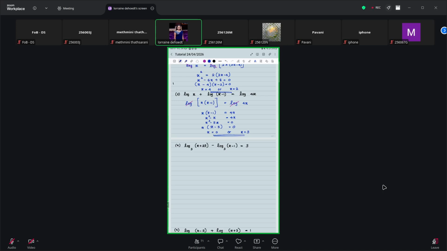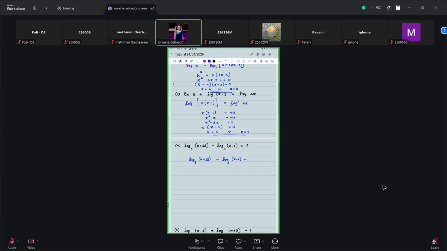Okay, then the fourth one. What happened to the fourth one? Here the bases are equal. Log 3x plus 25 minus log 3x minus 1. You can see on the right hand side there is no log term. It has only a number.